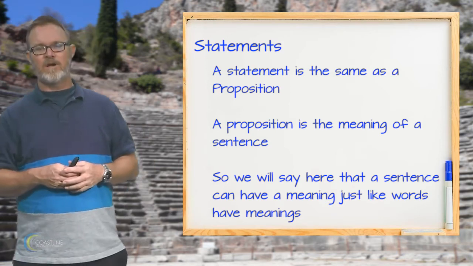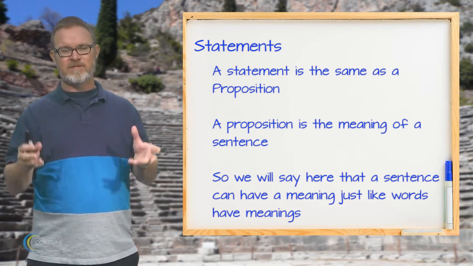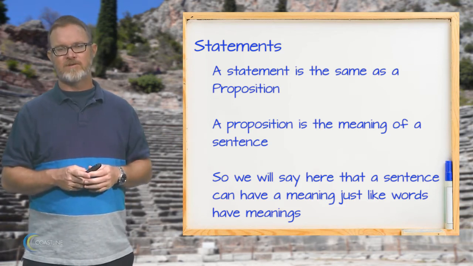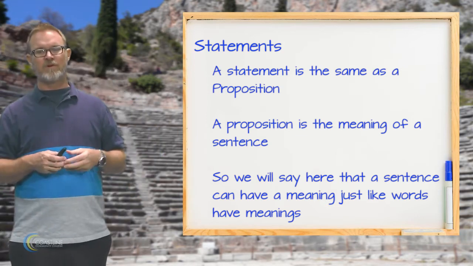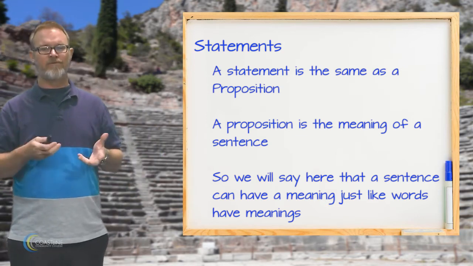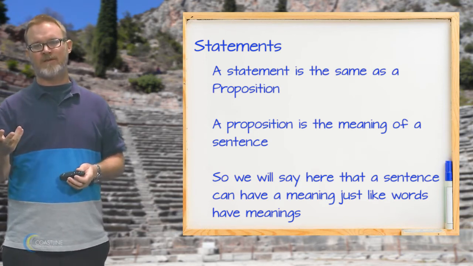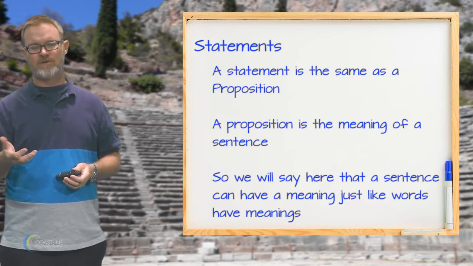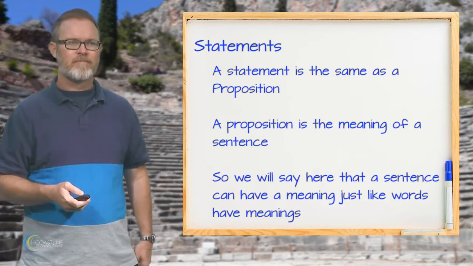We're really trying to say here that our sentences can have a similar type of meaning. And so the idea is that the meaning of a sentence is the sort of thought that you have behind the words that you speak, right? It's what you're trying to express in those words, in that sentence. So that's the idea.